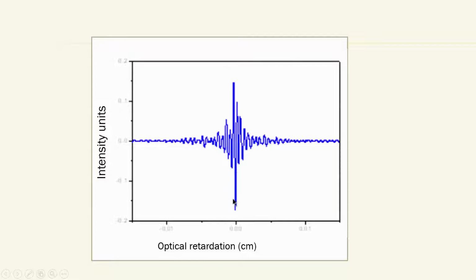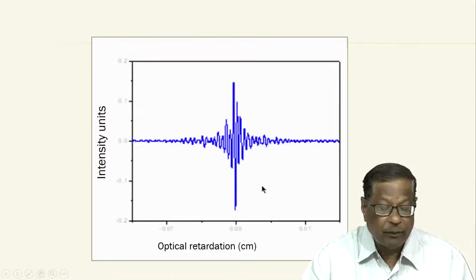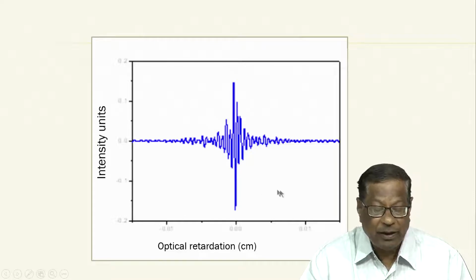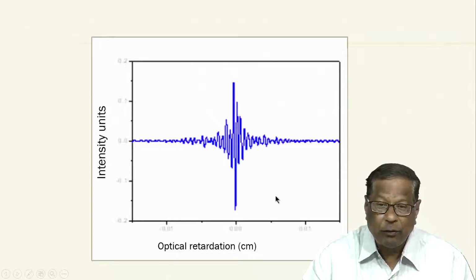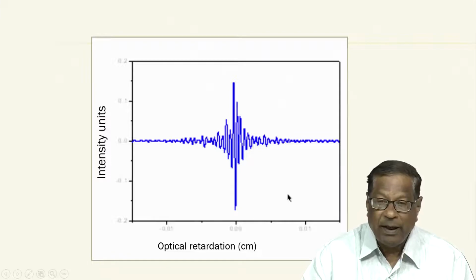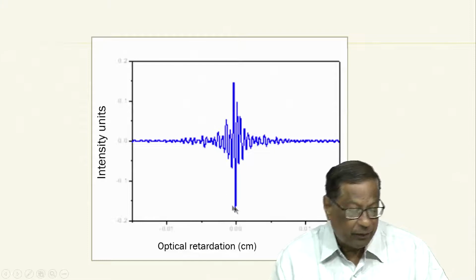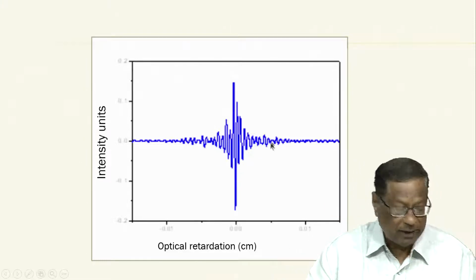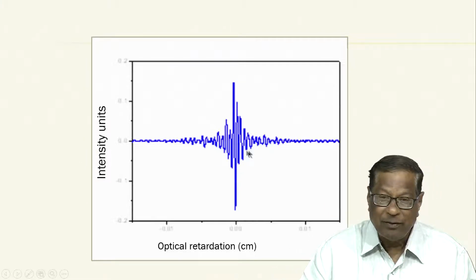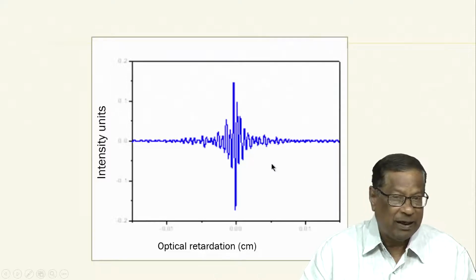This is known as the interferogram. This I had not shown you yesterday. This is the interferogram of the total IR radiation imposed on the sample simultaneously. Because all the frequencies are simultaneously measured, the noise will be very low.